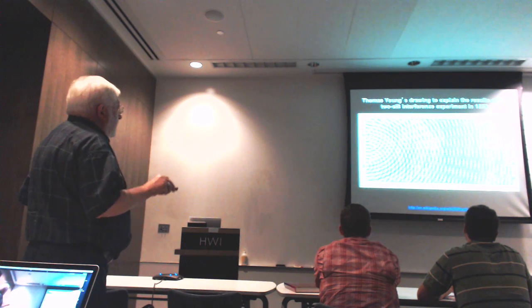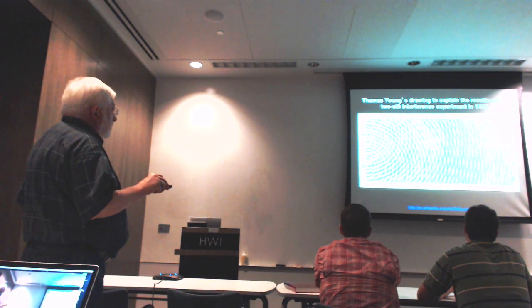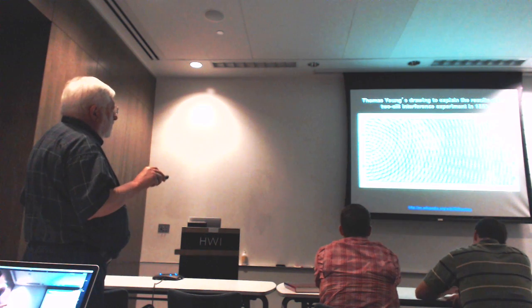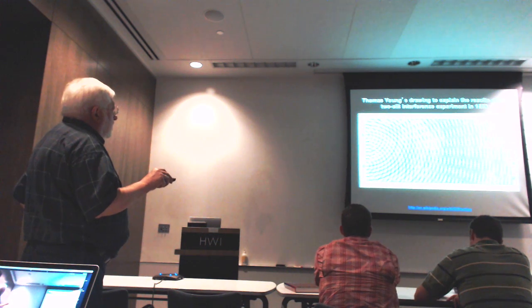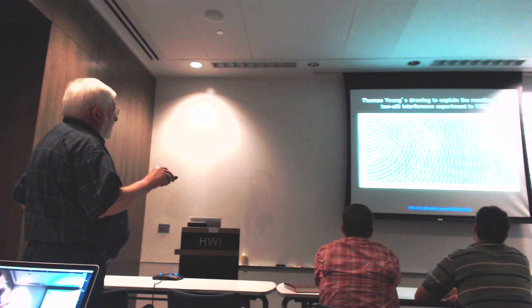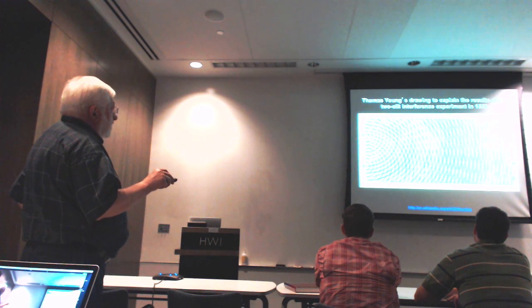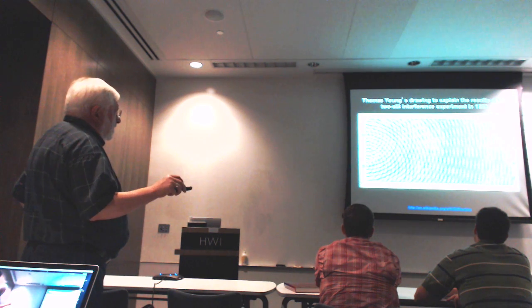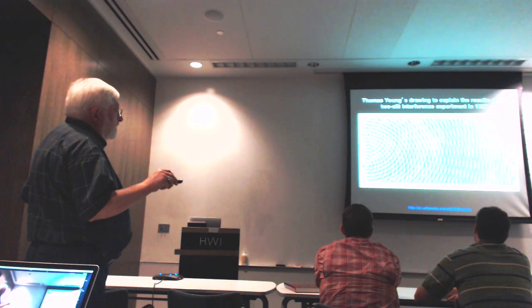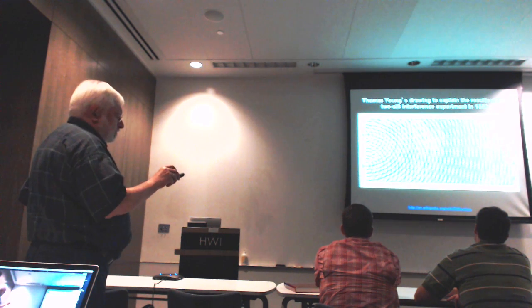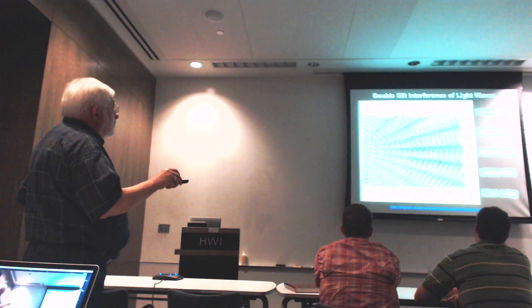So he has here 2 point sources for light passing through a double slit, and he carries out this construction where the waves, when they fall crest on crest, we build up a bright spot. When they fall crest on trough, a blank spot. And there's another illustration of the same thing.